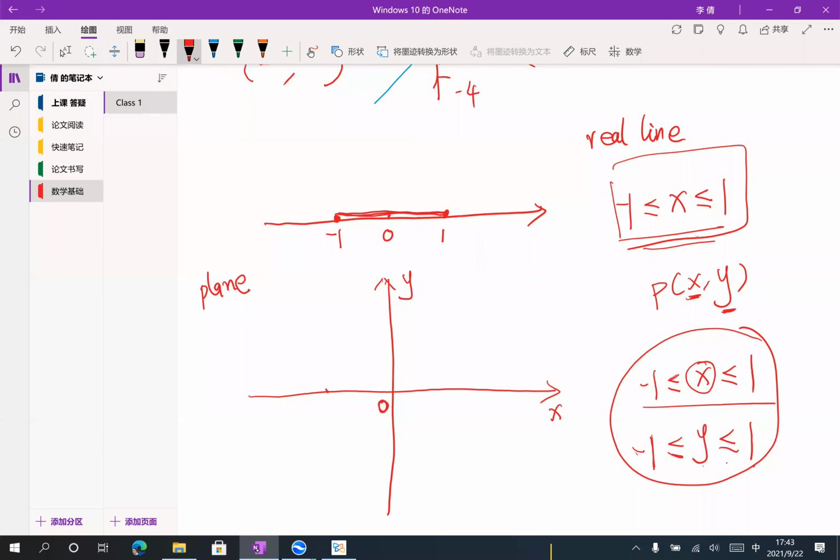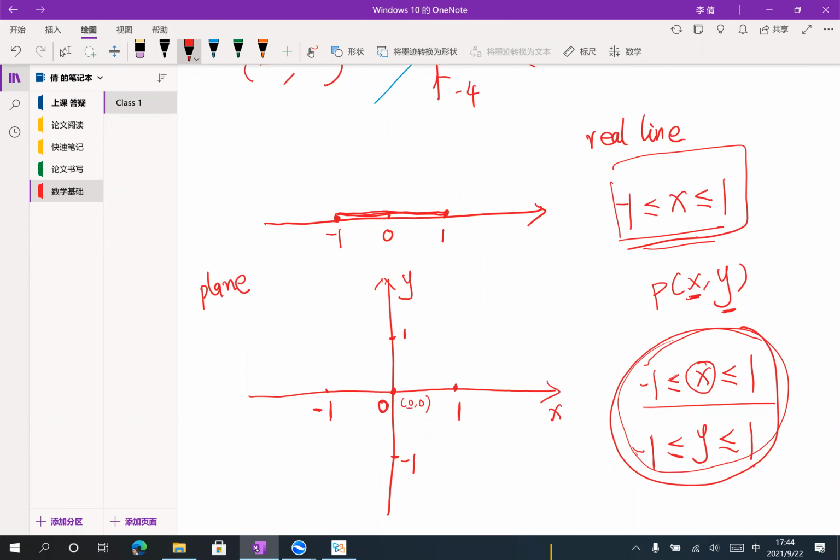Let's see, this is -1, and this is y, this is 1, and this is -1, and this is 1. If there is a point, the ordered pair is 0, 0, right? Yes. This point satisfies this inequality, right?